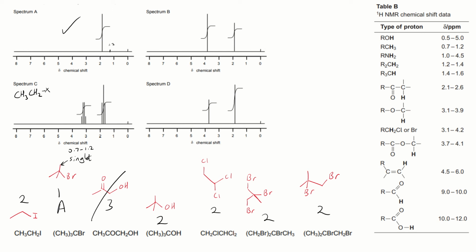And this X doesn't have any hydrogens, so the CH3 becomes a triplet due to N+1. So the 2 hydrogens there, 2 plus 1, turn this into a triplet. And the 2 hydrogens on CH2, with 3 hydrogens next to it, 3 plus 1, turn this into a quartet.